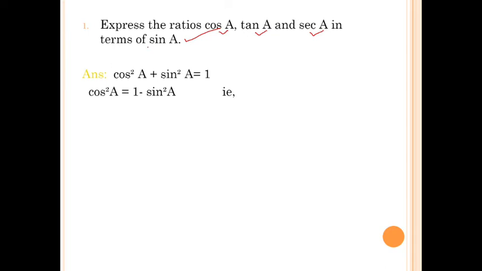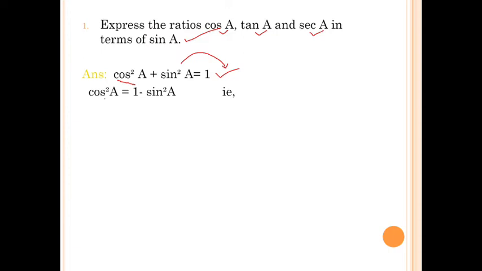First we will be using the first identity we have studied. What is that? Cos square A plus sin square A is equal to 1. So we have cos here. Now we will keep the cos on the left side and take the sin to the right side. So cos square A is equal to 1 minus sin square A. Then what will be cos A?